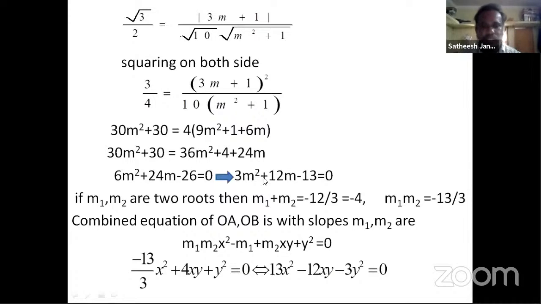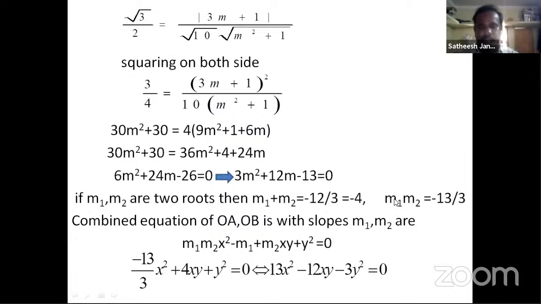Observe this equation: it is a quadratic equation in terms of m. If m1 and m2 are the two roots, then the sum of the roots m1 + m2 is minus b by a, where b is 12 and a is 3, so minus 12 by 3, that is minus 4.